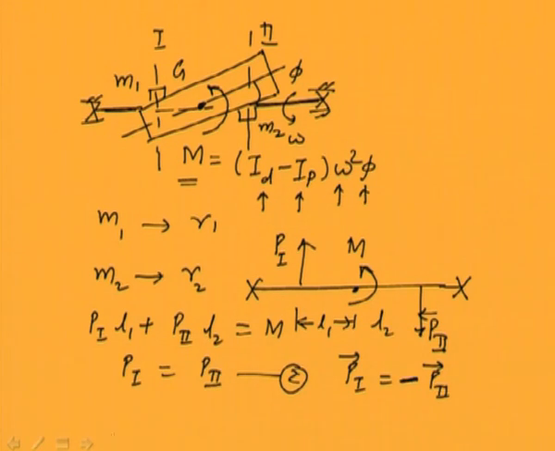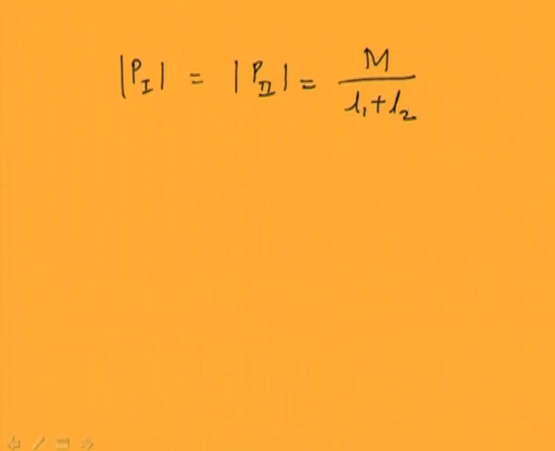So these can be solved for P1 and P2. We will get the P1 magnitude, P2 magnitude equal to the moment divided by L1 plus L2. In this particular case, when we consider the couple unbalance, we assume that the plane of the couple we know.